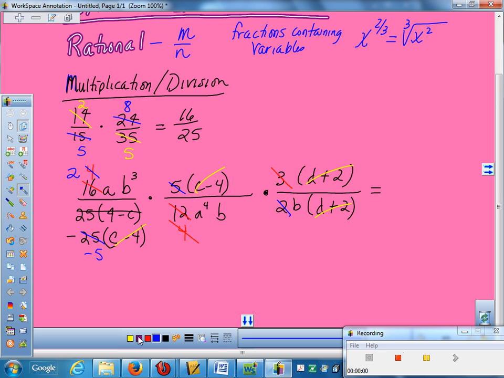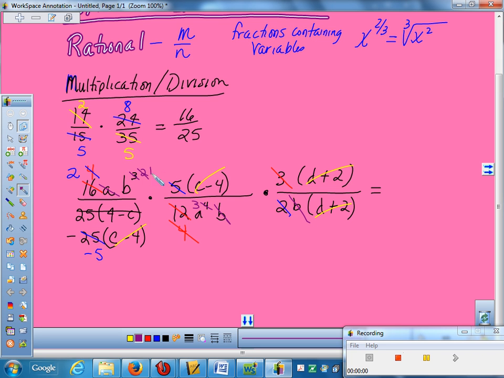And then, yes, variables. Got an a with an a to the 4th, which would become a cubed. So this b would make it become a square, but this b would make it become a b to the 1st power. And then the biggest problem is you have this giant mess, and you have to figure out what on earth I have left.